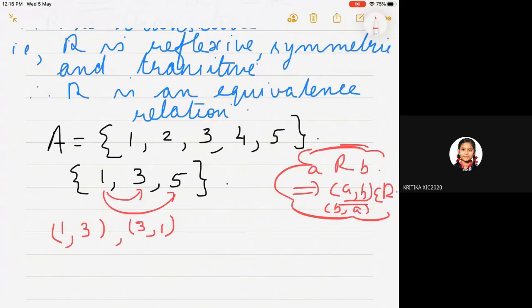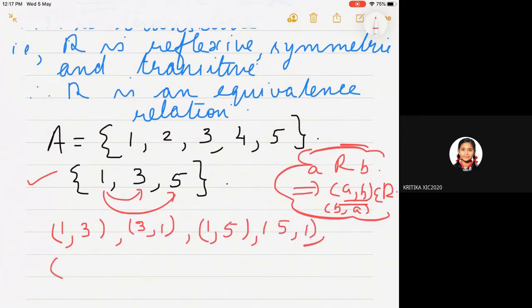Now, according to the question, you have to prove that every element of the set {1, 3, 5} are related to each other. That means you have to say that 1 is related to 3 as well as related to 5. So I have told that 1 is related to 3 because (1, 3) and (3, 1) the difference is even, and again (1, 5), (5, 1) the difference is even.